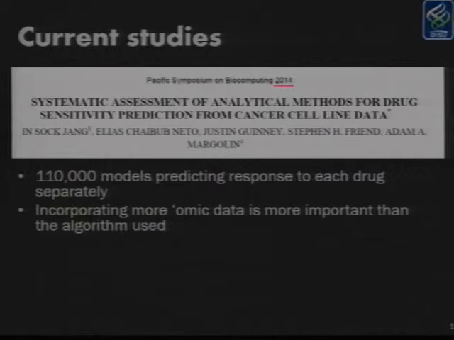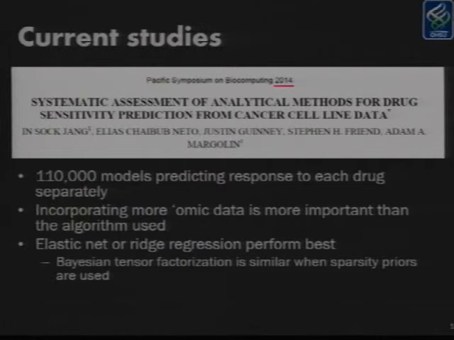What they found in this paper was that, first of all, incorporating more cell line omic data, more gene expression or copy number data, is more important than what algorithm you use, as long as you use a decent algorithm. Secondly, among algorithms, the elastic net or ridge regression performed the best. These are regularization methods that induce some sparsity in the solution, which tends to make it more generalizable.